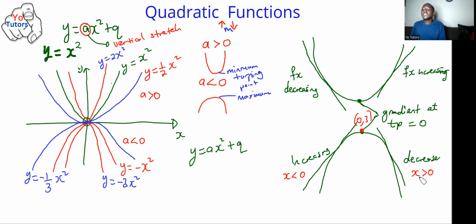In this case here, it's going to be above 0. Or you can say x is an element of negative infinity to 0, like that. Or in this case, x is an element of 0 to positive infinity. That's what we need to understand there. That's how you define where your graph is increasing or where the graph is decreasing.